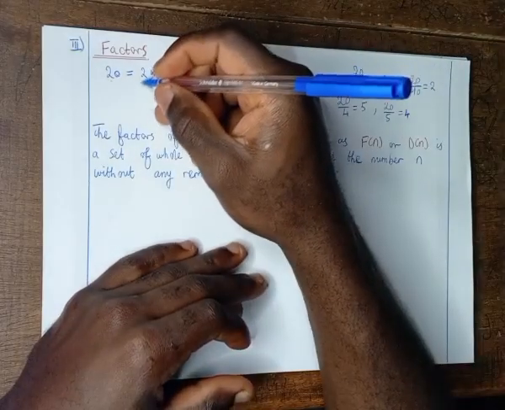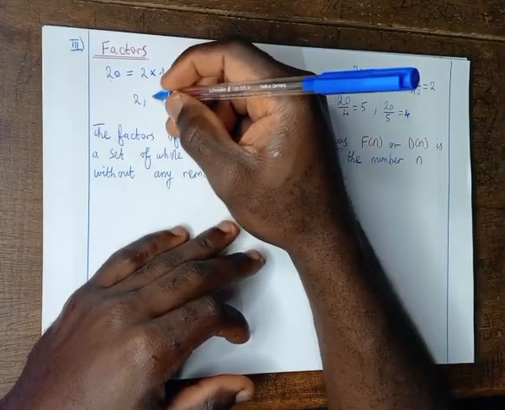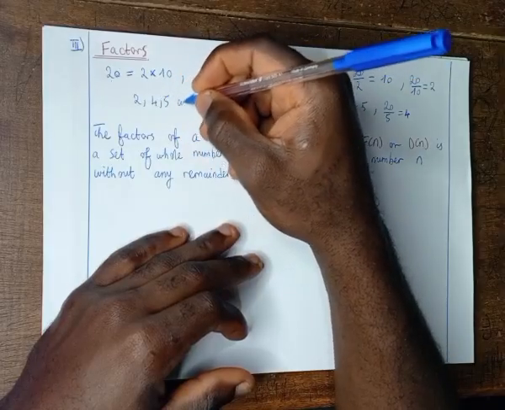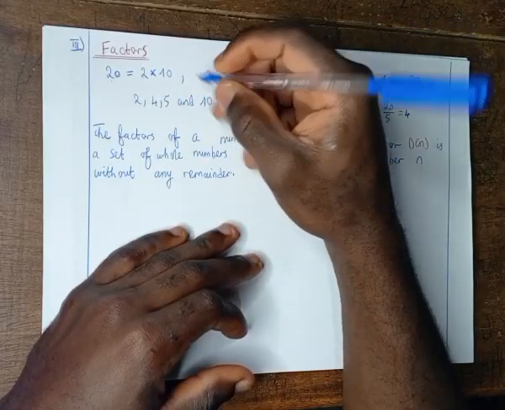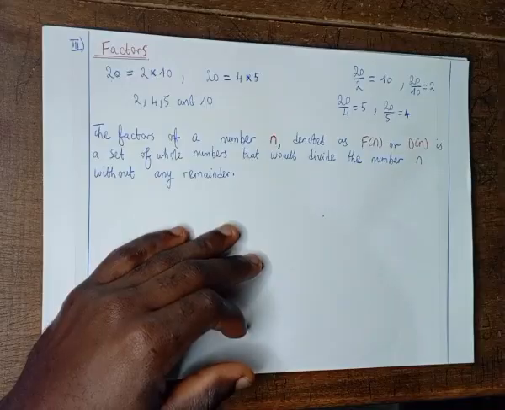You can see here the numbers 2, 4, 5, and 10. We will divide the number 20 without any remainder.